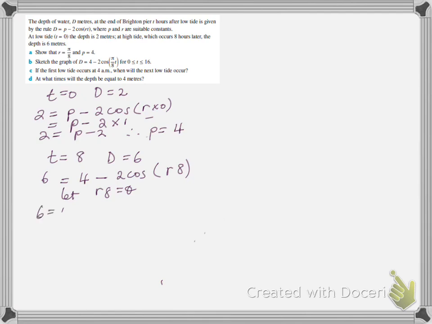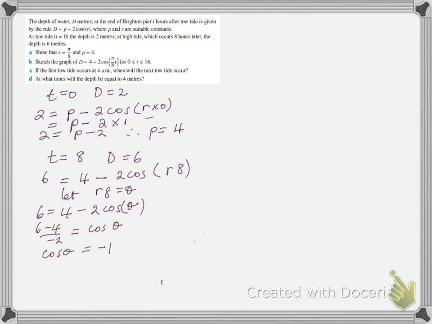So 6 equals 4 minus 2 cos of theta. Then we can rearrange so that 6 minus 4 over minus 2 equals cos theta. And I can solve for that, so I end up with cos theta equals 2 over minus 2, which is minus 1.